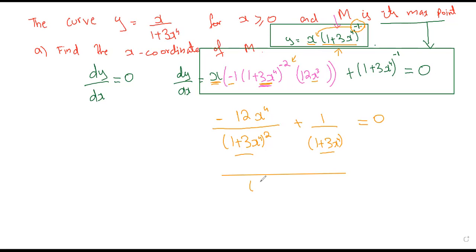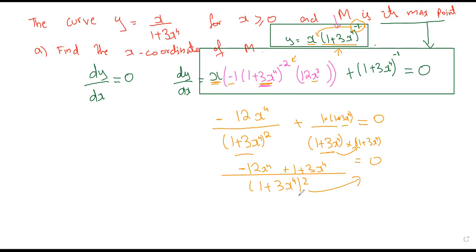So what would be the LCM of these two? 1 plus 3x to the power 4, squared. Excellent. Okay, so this will come as it is, and we need to multiply the same thing, so that same thing will come in the numerator as well, 1 plus 3x to the 4. Okay, so have you understood this? I'll take this to that side.